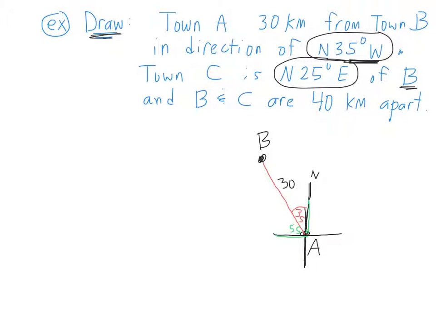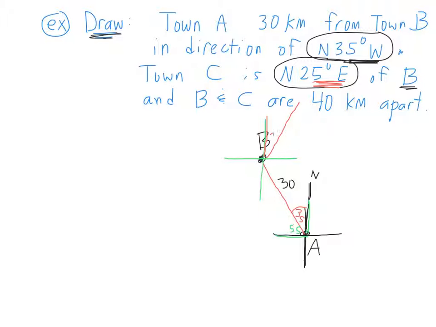So stop for a moment, and at B there, let's draw again our north, south, east, west lines in. And from there, we need to go 25 degrees east of the north direction. Well, this is the north direction, right? So if we go 25 east of that, well, that's going to put us right here, okay?